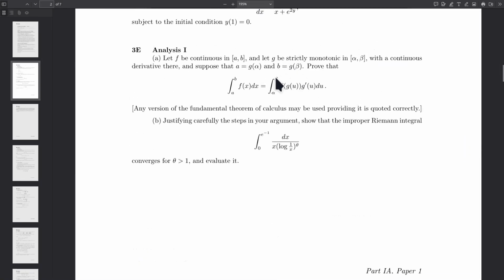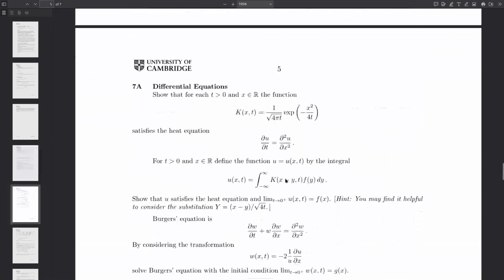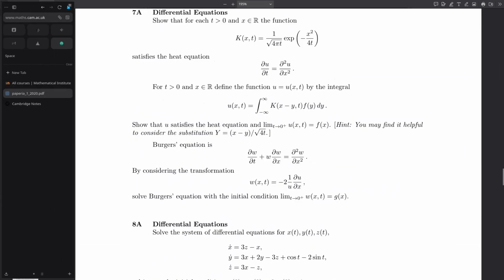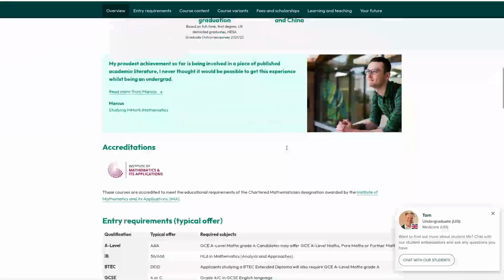Just nice, cool questions like this. This actually seems kind of scary. What is this? Okay, cool. Probability, matrices again, differential equations again. The heat equation. What am I doing in first year? What's my first year?